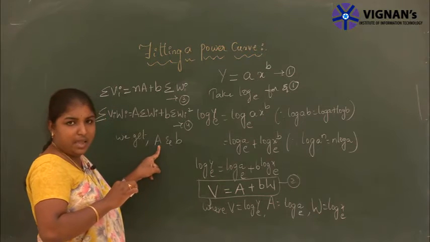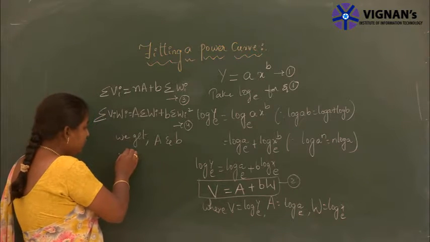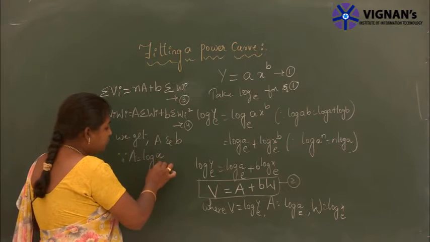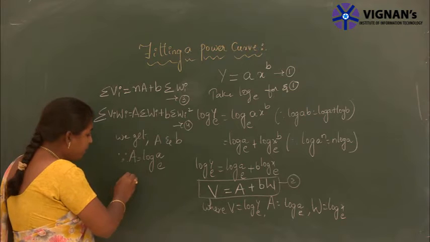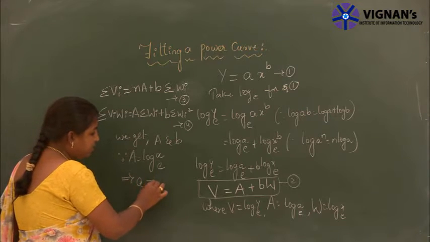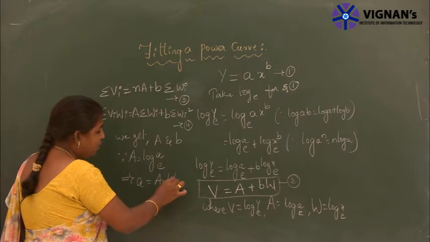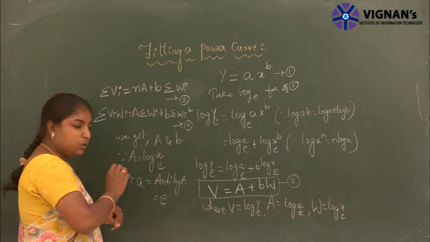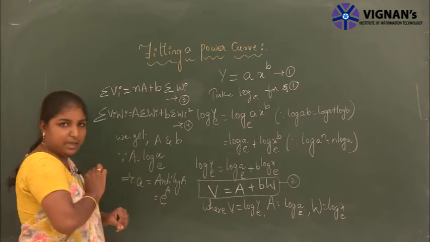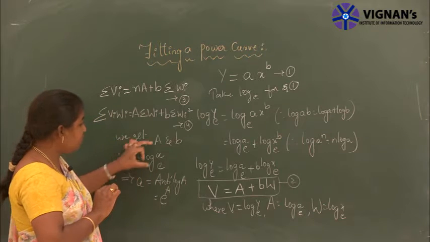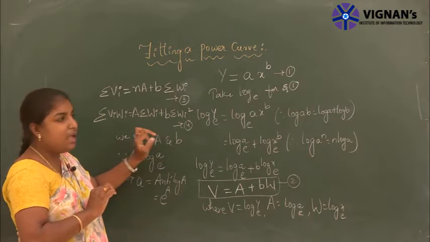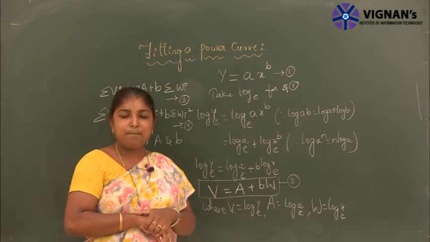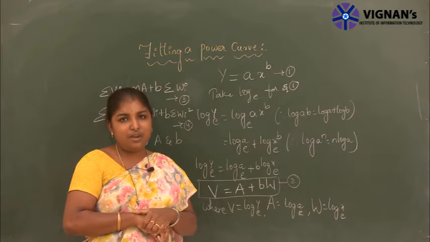Since capital A equals log a base e, and we want small a, small a can be written as the anti-log of capital A, or as e to the power of capital A. After getting small a and small b, we substitute these two values in equation 1, and we get a power curve for the given data.